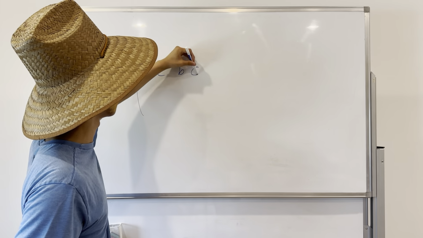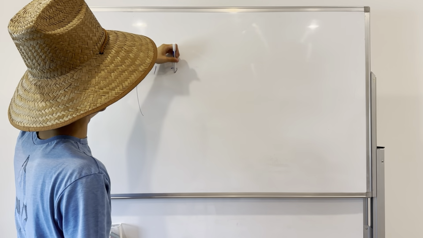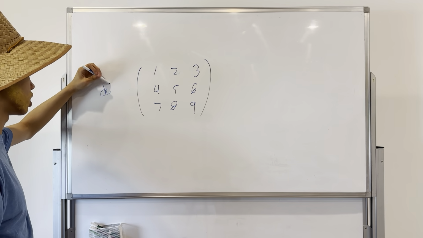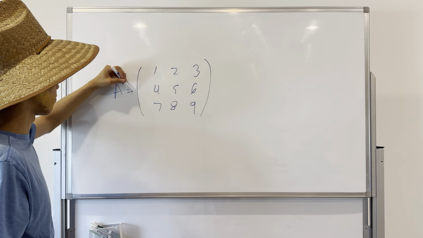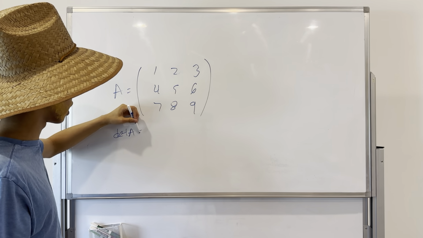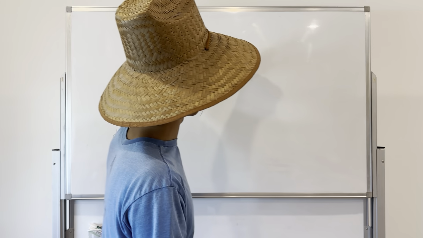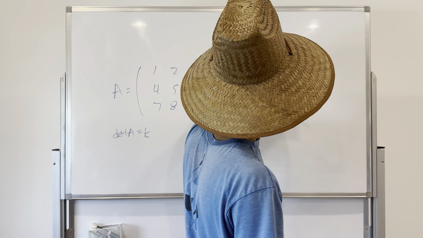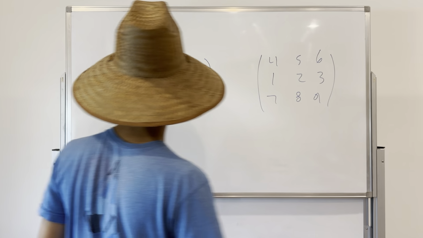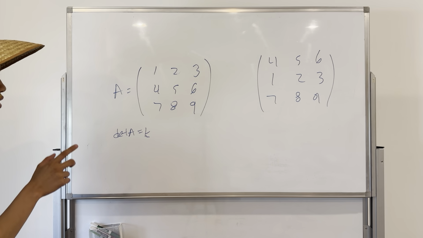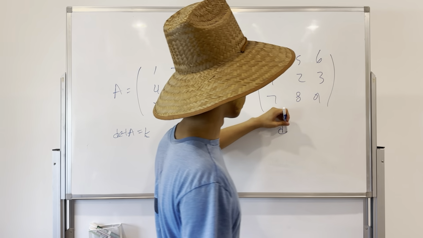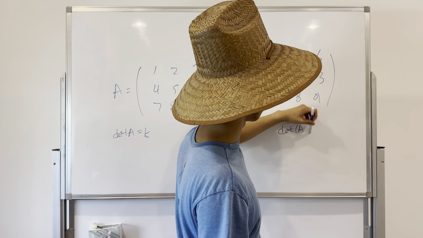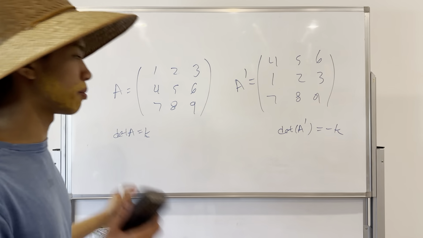So if you have 1, 2, 3, 4, 5, 6, 7, 8, 9, say that this is going to be A, and then the determinant of A is equal to K. Well, if you were to switch 2 rows, so like 4, 5, 6, 1, 2, 3, 7, 8, 9, the result of this switch would be that the new determinant of, I guess this could be A prime, would be negative K. It would be the exact opposite.